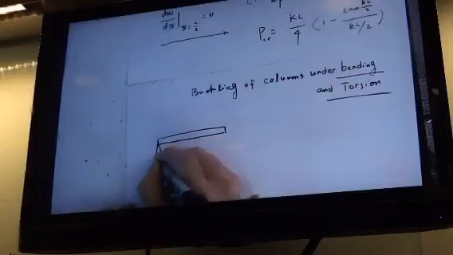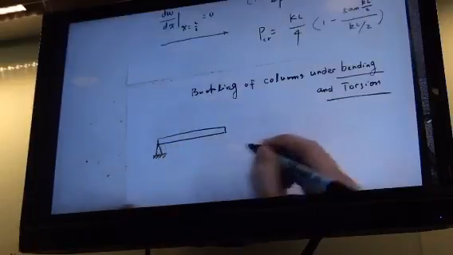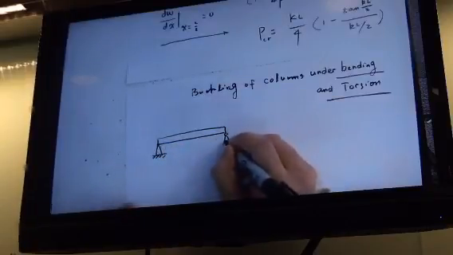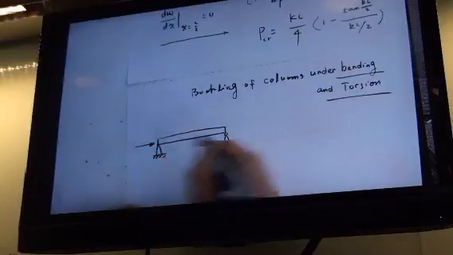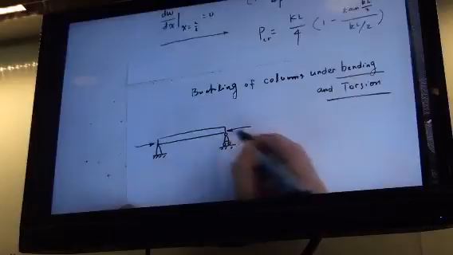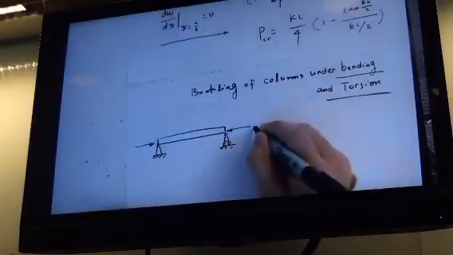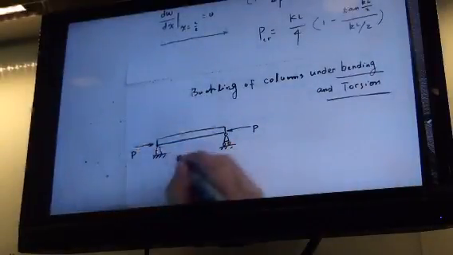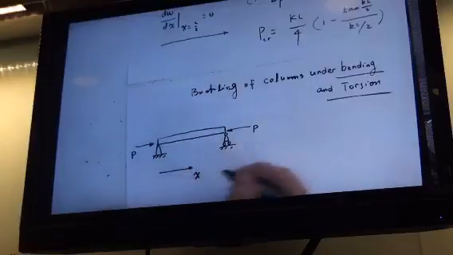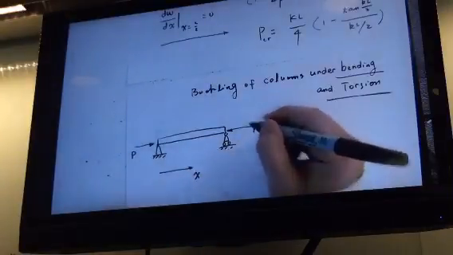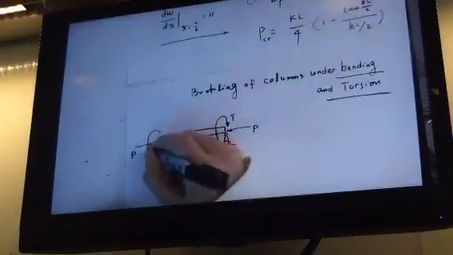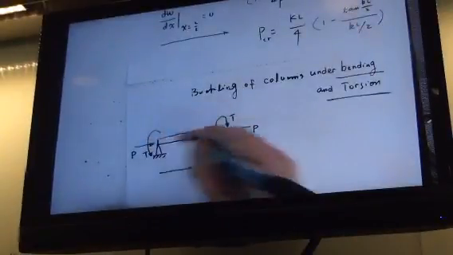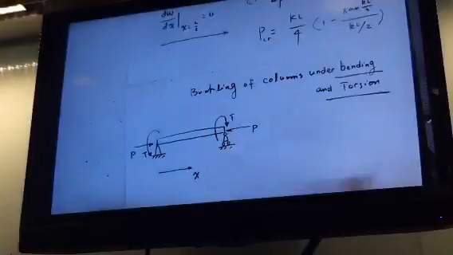Okay. Bending constraint, the roller here. And this is compression loading along the axial direction, and the deformation will give you bending loading. So this is X. And what if you also have a torque P acting on these two ends?